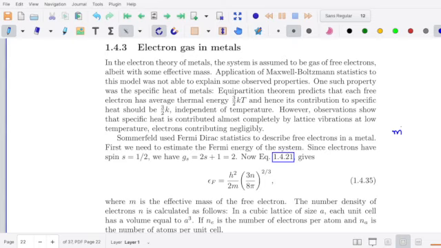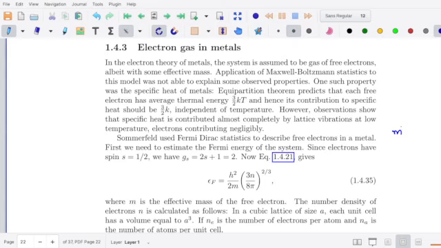Now, Sommerfeld used the Fermi Dirac statistics, because they are fermions, to describe the electrons. Since we are going to use the Fermi Dirac statistics, we have to find out which regime the free electrons in metals belong to: whether they are degenerate, weakly degenerate, strongly degenerate, or non-degenerate. This can be found out by finding the Fermi energy or the Fermi temperature of the system.